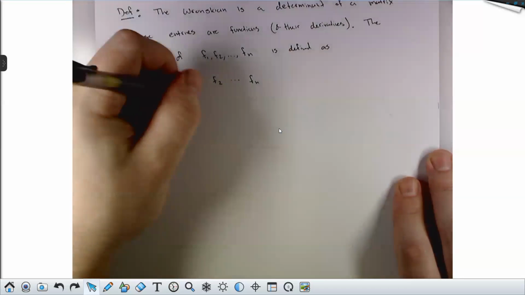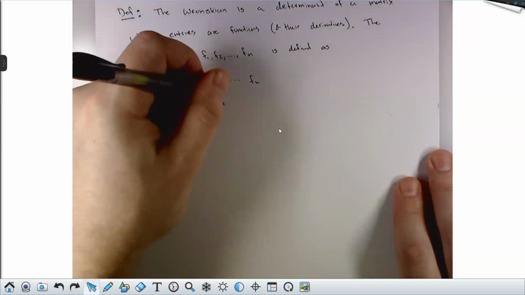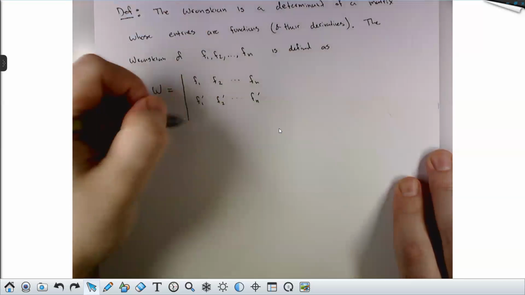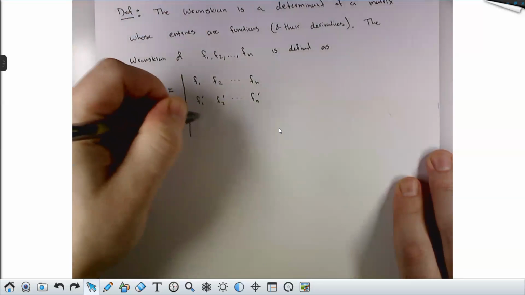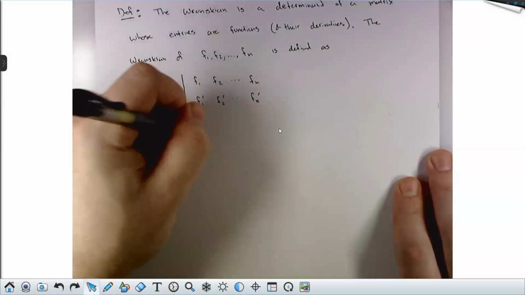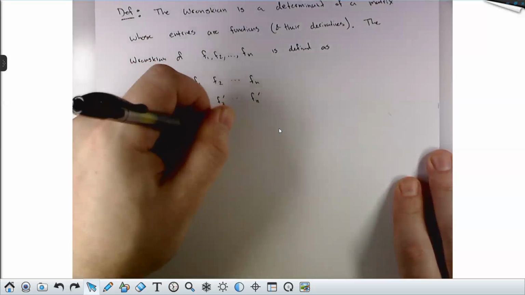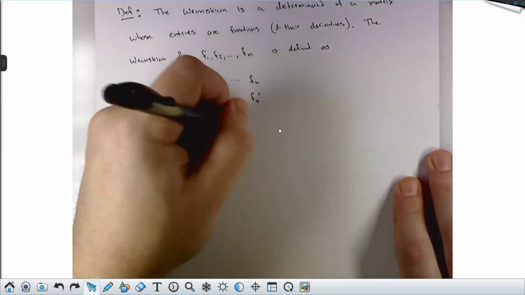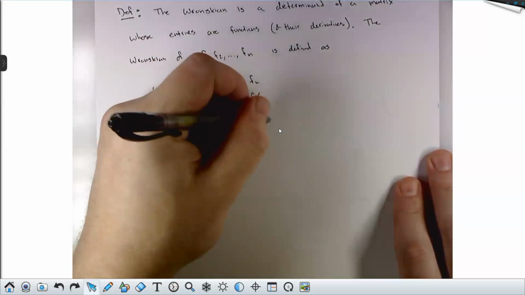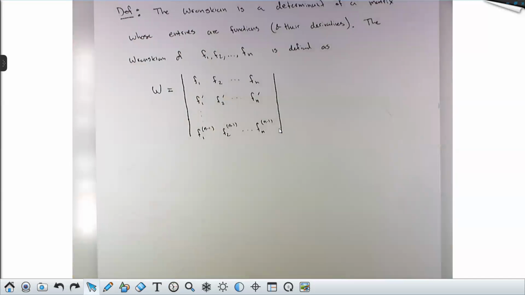Row 2 is their derivatives, f1 prime, f2 prime, out to fn prime. And then the last row is the n minus first derivative. That's the Wronskian.